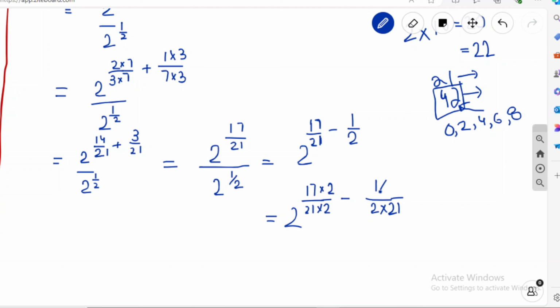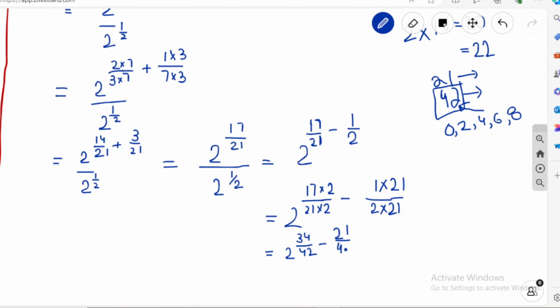And if we are doing something in the denominator, do the similar thing in the numerator as well. Here 17 times 2 is 34, and 21 times 2 is 42. Here 21 times 1 is 21, and this 21 times 2 is 42.